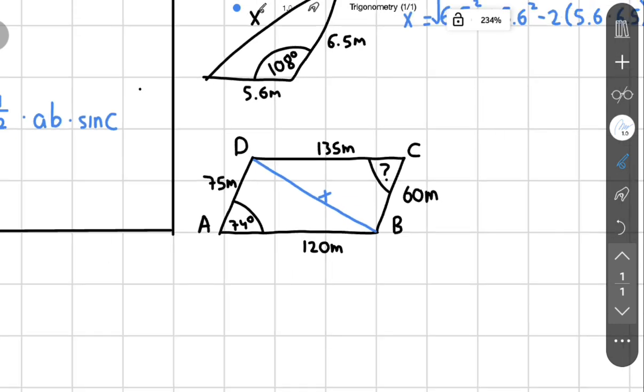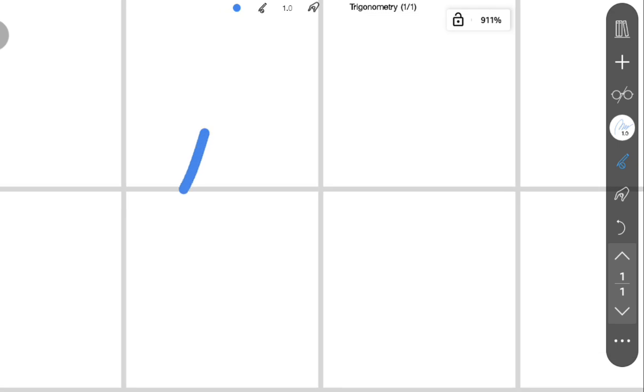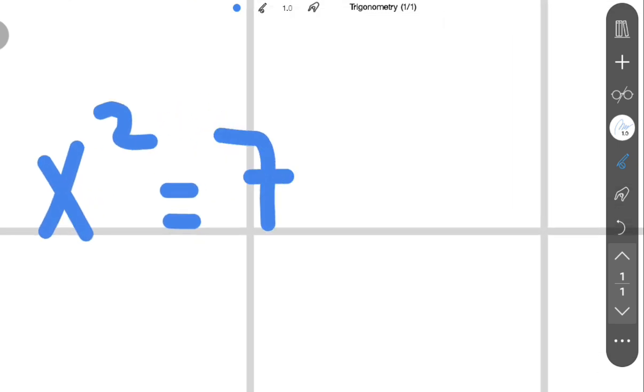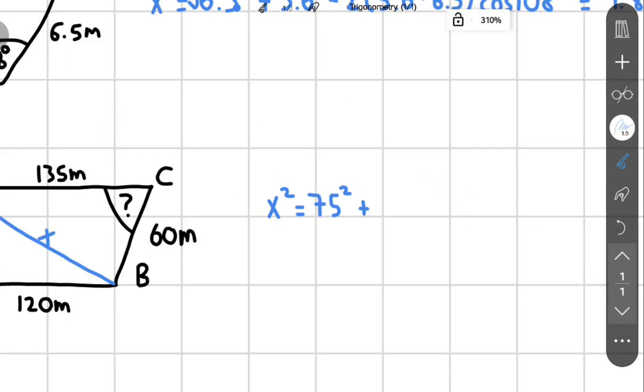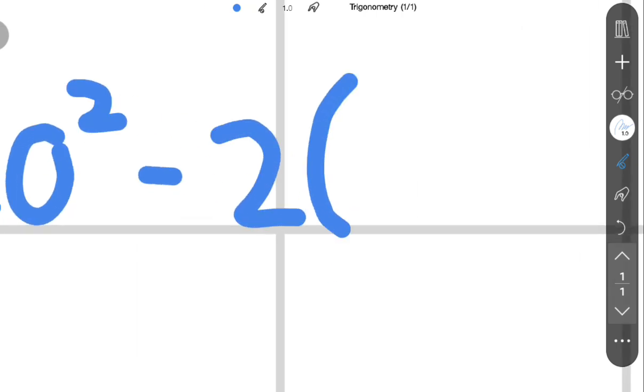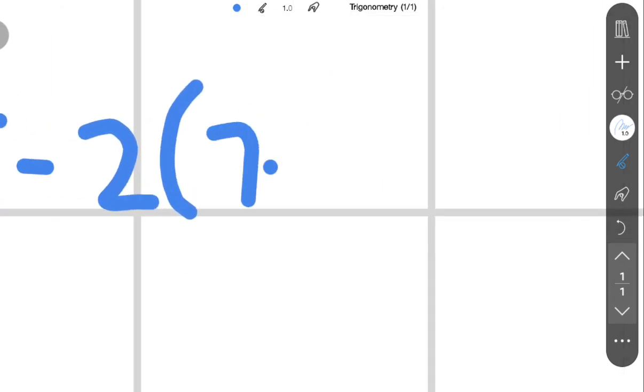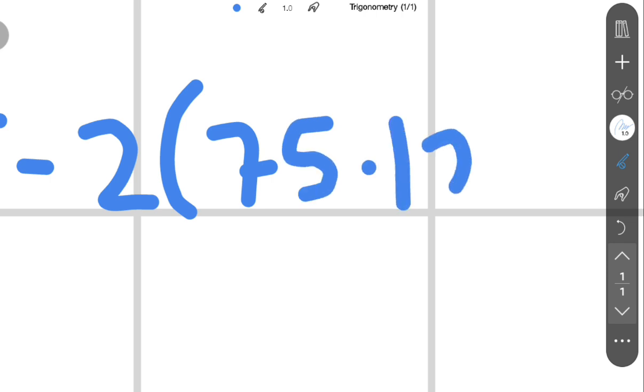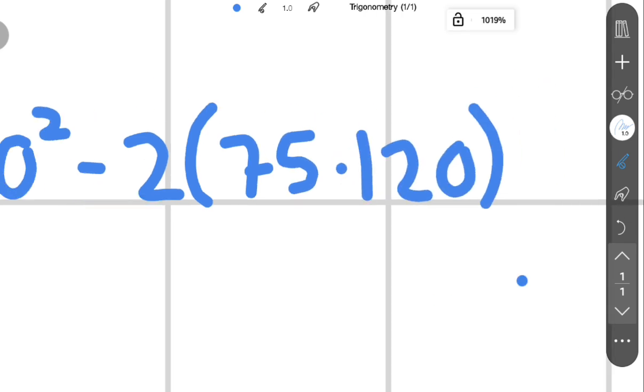So let's do so. We have x squared is equal to 75 squared plus 120 squared minus 2 times the product of their multiplication, cosine 74.